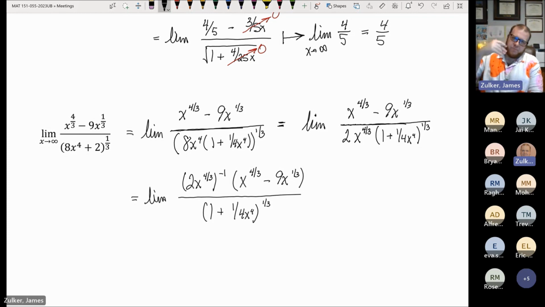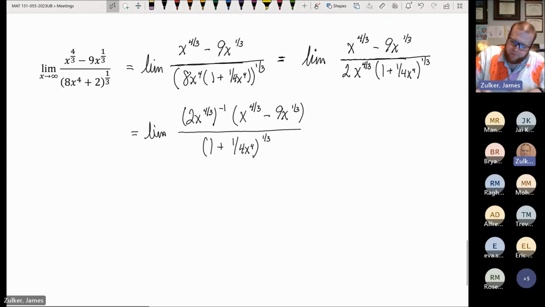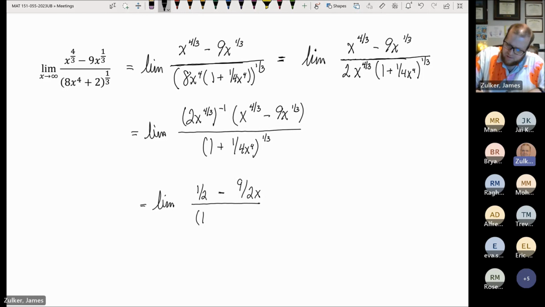All right, we're going to move that 2x to the 4/3 up to the numerator and distribute it through. Numerator is going to be left with 1/2 minus 9 over 2x, right?